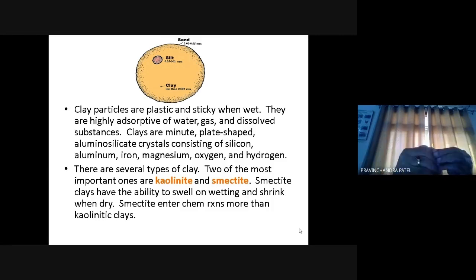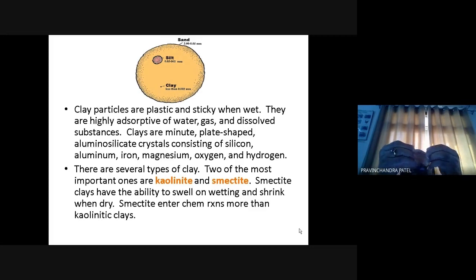There are several types of clay. I told you that two of the most important ones are kaolinite and smectite. Smectite clay has the ability to swell. You know that when there is smectite clay or montmorillonite clay in black soil or clay soil, and you apply water, then the clay particles swell on wetting and shrink when dry.